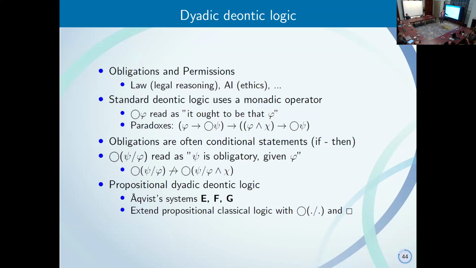And this is an operator that doesn't satisfy monotonicity. So even if we add more conditions to the antecedent, it may not derive the same obligations. The Åqvist systems E, F, and G have the same properties. E is the weakest of those, which is the one I will be focusing on. And the main idea is that they extend propositional logic, similar to how modal logic does with a dyadic operator and a box operator.